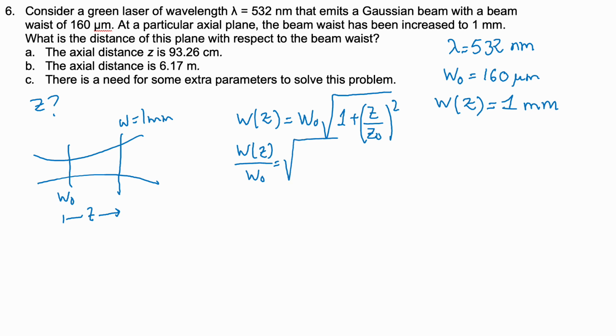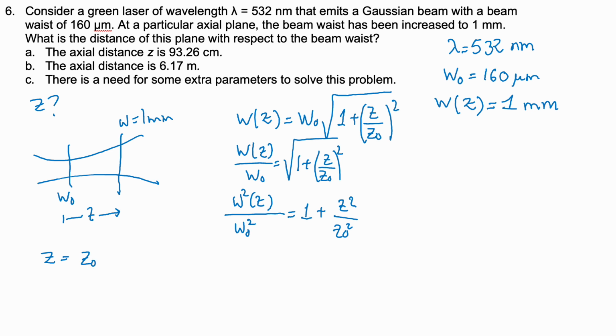So we have the square root of 1 plus z over z0 squared, and then we have the square of the beam width over the square of the beam waist equal to 1 plus z over z sub 0 squared. So at the end, z is going to be equal to the Rayleigh range times the square root of the beam width squared over the beam waist squared minus 1.